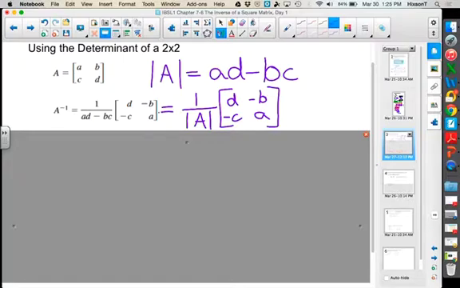Now, someone describe how we changed it. It's not the transpose, but kind of like. Yeah, it's not quite the transpose, because it's kind of transposed and flipped around and some other stuff.